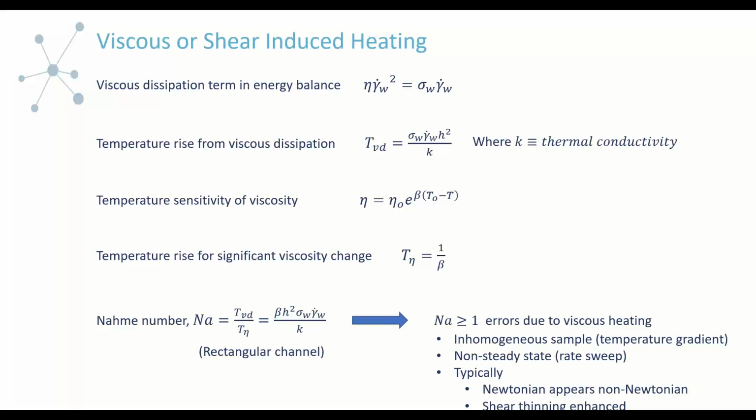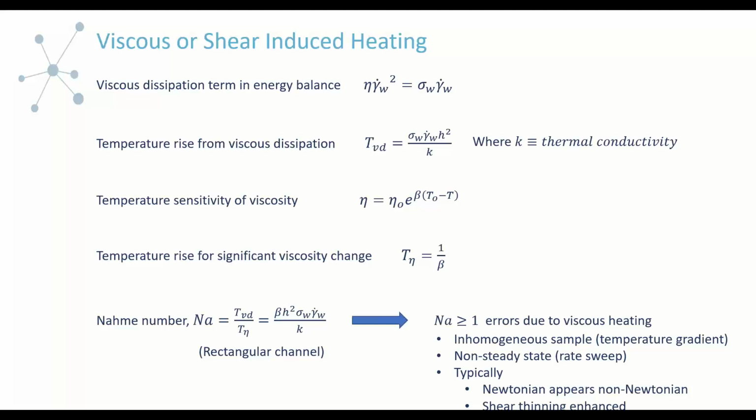And so what typically you see in terms of experimental outcome here is that because in general the viscosity drops with increasing temperature, you can have, say, Newtonian samples that will start appearing non-Newtonian, looking like they're shear thinning, because as you pump at higher and higher rates, the temperature is going higher and higher, and your viscosity will drop. Or in the case of a non-Newtonian fluid that already shear thins, then this will be enhanced further. And so that's typically how it will appear during the course of your experiment.